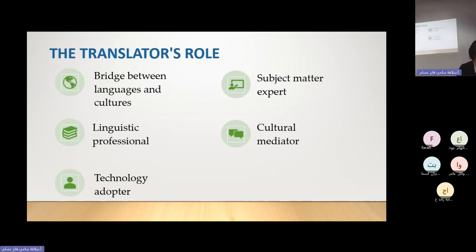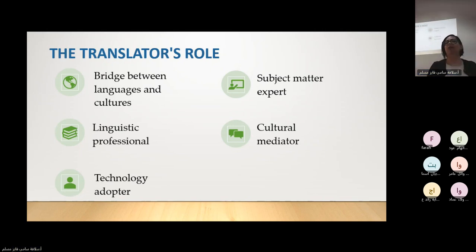I need to be a cultural mediator. Why cultural mediator? What did we say earlier? What to translate and what not to translate. If I'm translating something sensitive, I need to be sure that the target language will accept my translation of this point.